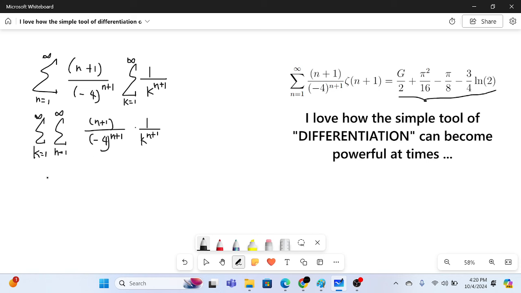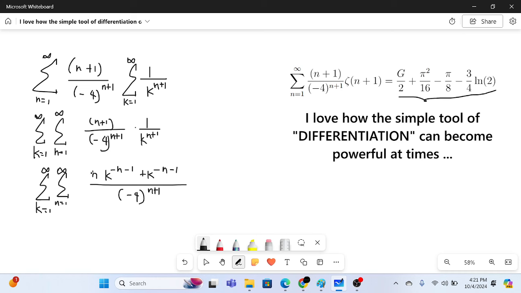Now I can write this as sum from k equals 1 to infinity, sum from n equals 1 to infinity, of (n plus 1) k to the power minus n minus 1, divided by (minus 4) to the power n plus 1. Now if I want this to be a derivative, there should be a minus 1 over here, right?